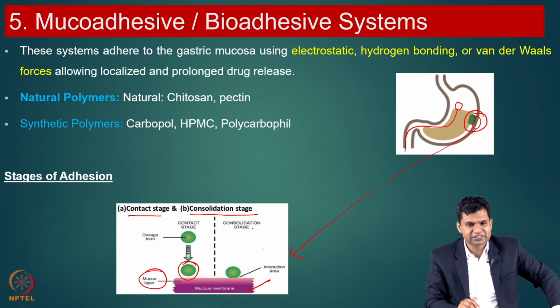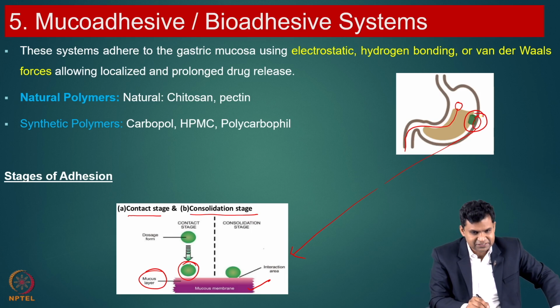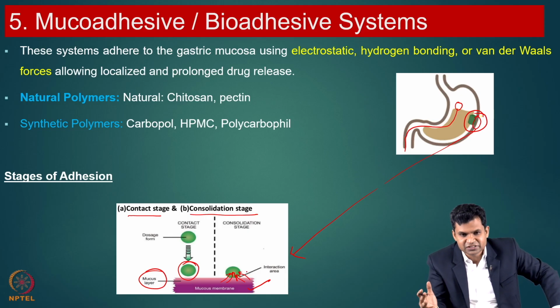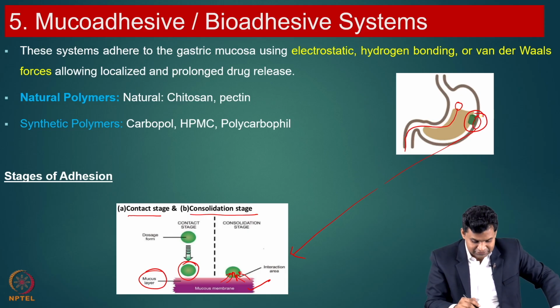Now, in consolidation, what happens once the dosage form is in contact? The water molecules of the mucus enter into it, that is, it undergoes the dehydration stage, and further this molecule is taken up into the mucous membrane. That is diffusion.